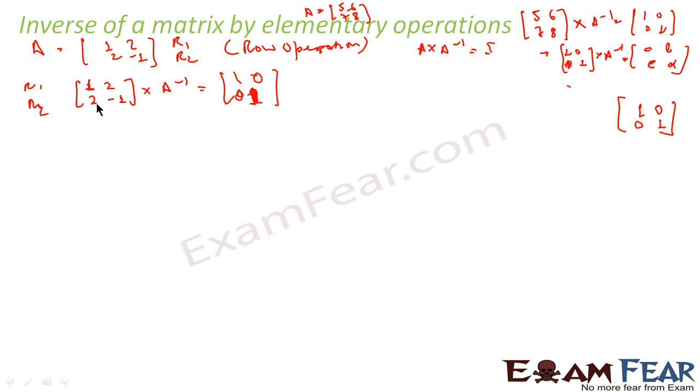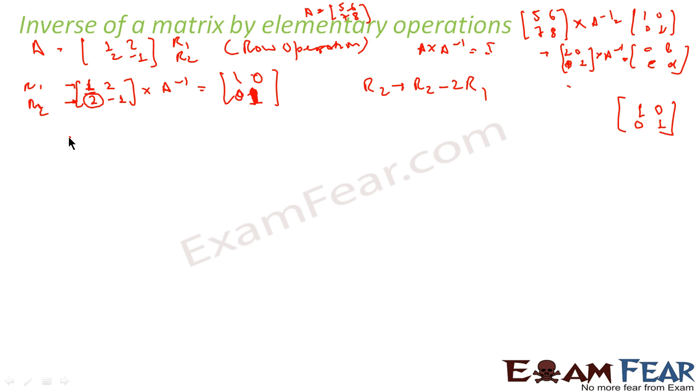If you want to make it 0, I can also use column operation, where C1 is nothing but C1 plus 2C2, so 2 plus 2 becomes 0. But I am using row operation now, so I can use these rows only. So R2 becomes R2 minus 2R1. Why? Because I wanted to make this guy 0.